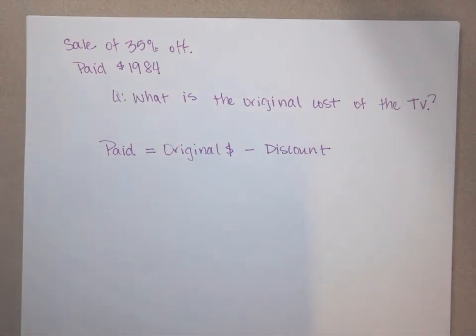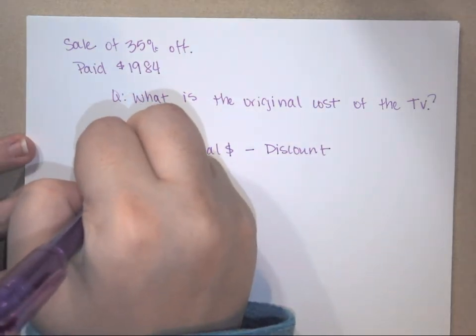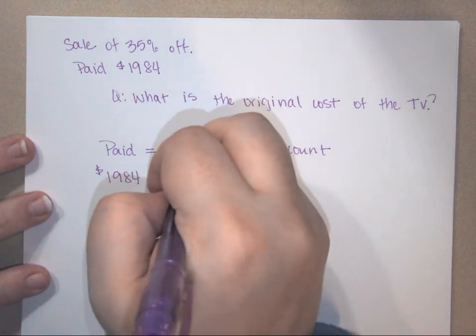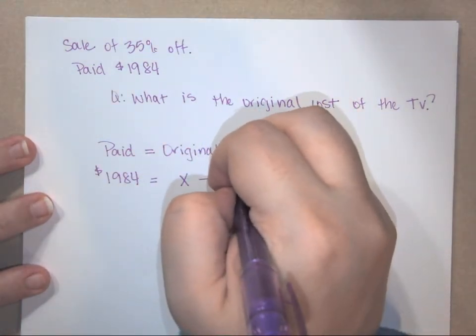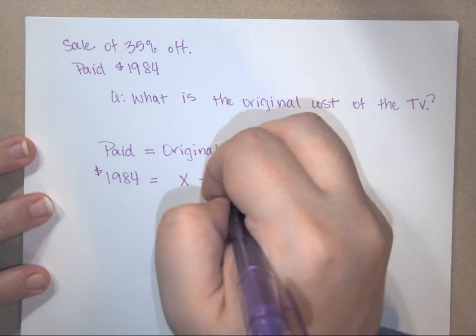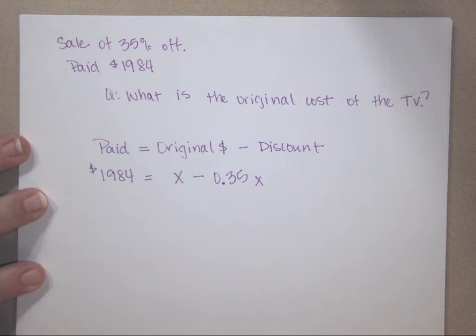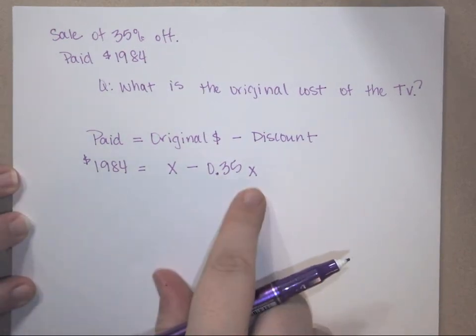Well, what we paid was $1,984. That's what we paid. We do not know the original, but we do know the discount was 35%, so 0.35. Whenever we do a discount, you always have to take that percentage by multiplying it with the original cost.